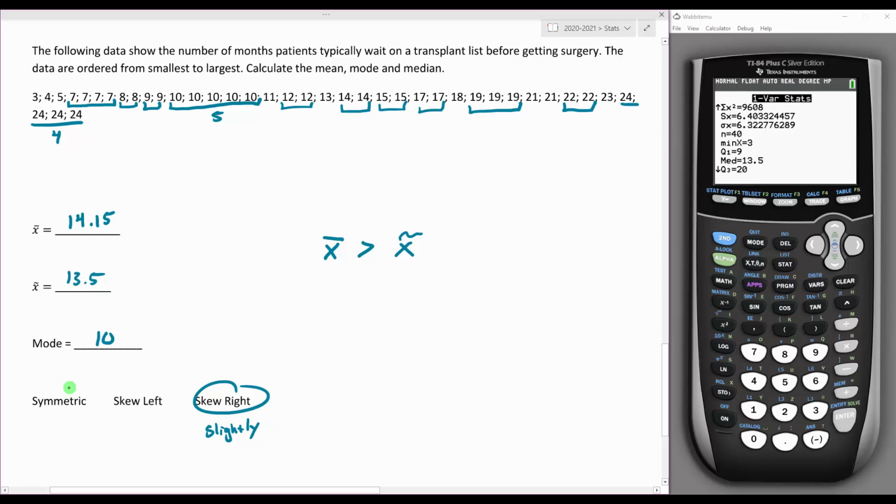In fact, you could even make an argument for it being roughly symmetric. In almost all cases, these two measures are not going to be exactly the same. They might be really close, and in that case it's perfectly acceptable to say that they are roughly symmetric or slightly skewed. Either one of those descriptions would be correct.